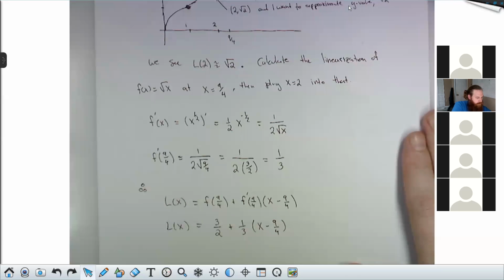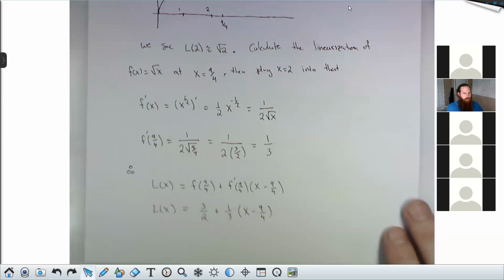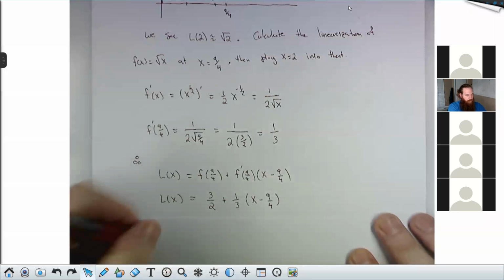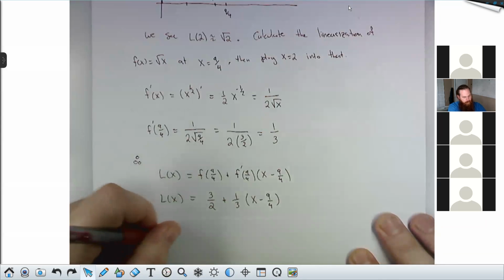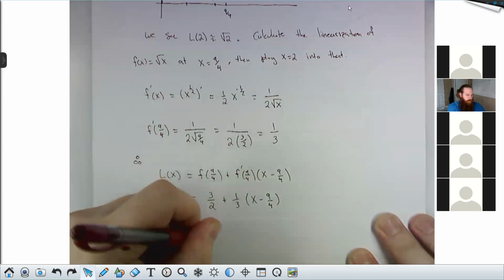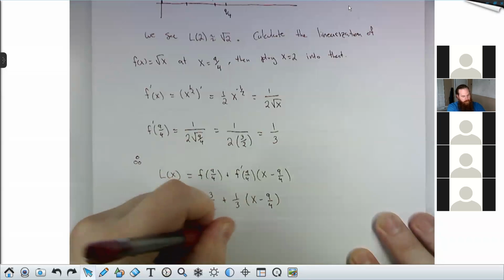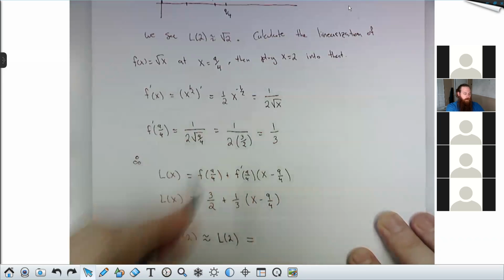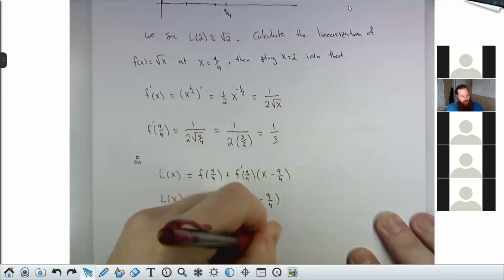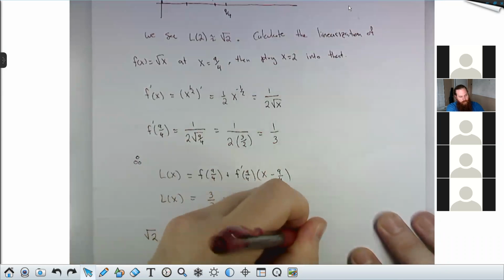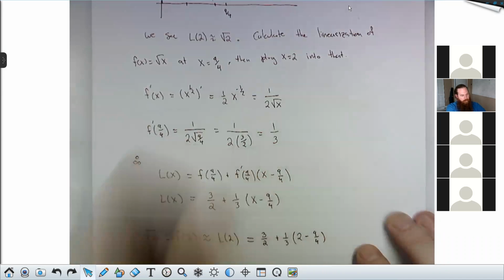And I know that L of 2 is very, very close to f of 2. The thing I want to approximate, the square root of 2, is f of 2. And f of 2 should be approximately the same as L of 2. L of 2 is what I get by plugging x equals 2 into L of x. So that's 3/2 plus 1/3 times 2 minus 9/4.